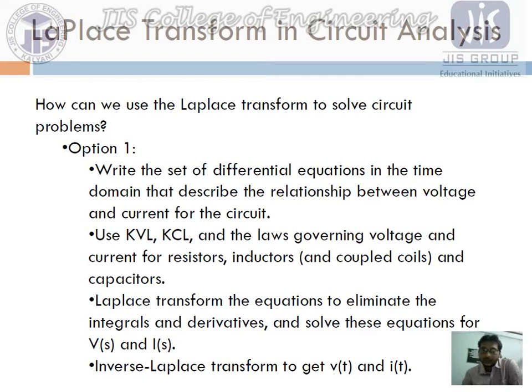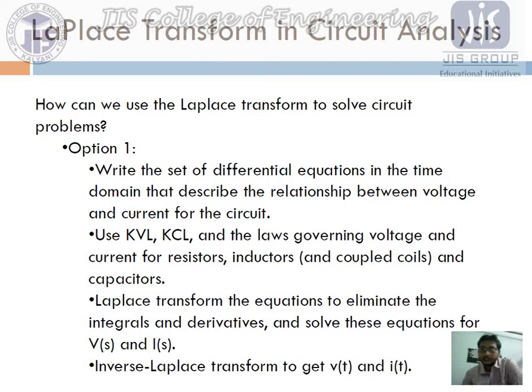Our ultimate quantity, voltage or current, will be in the S domain, and then we have to convert that S domain parameter into the time domain by doing the inverse Laplace operation, to get the actual value of voltage and current as time varying quantities.